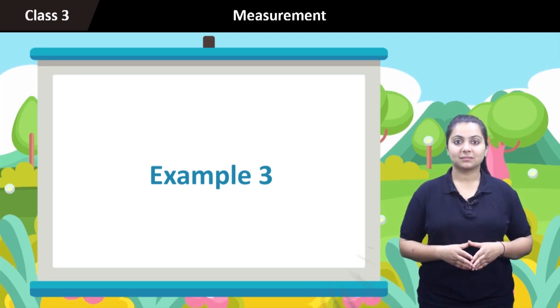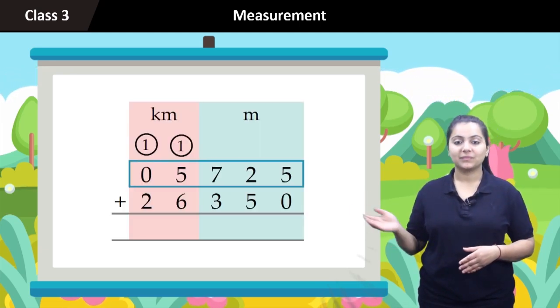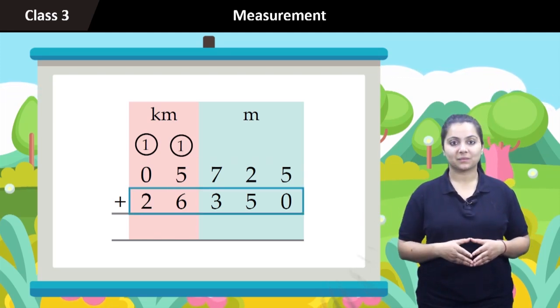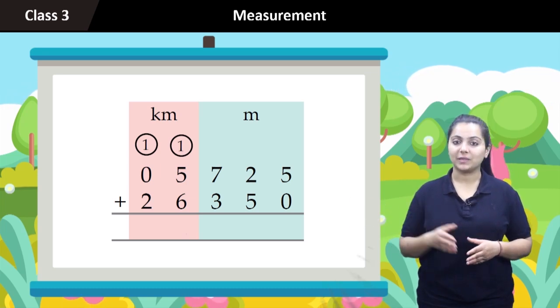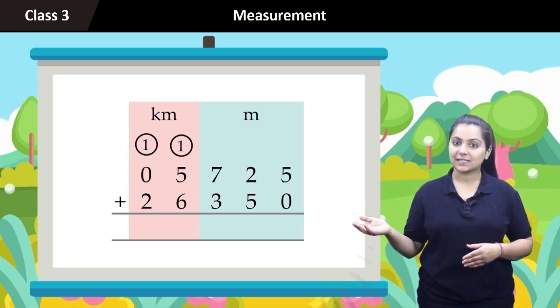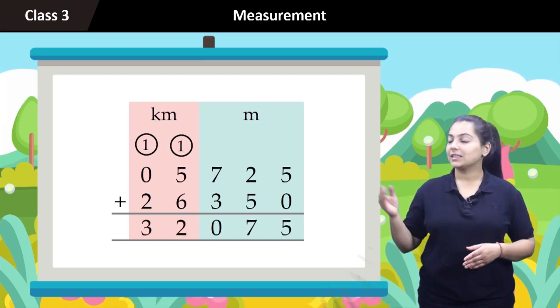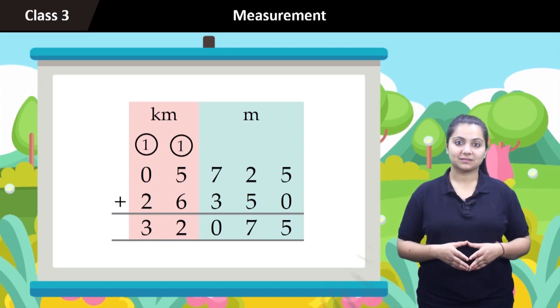Example 3. Add 5 kilometer 725 meter and 26 kilometer 350 meters. Thus 5 kilometer 725 meter plus 26 kilometer 350 meters is equal to 32 kilometer and 75 meter.